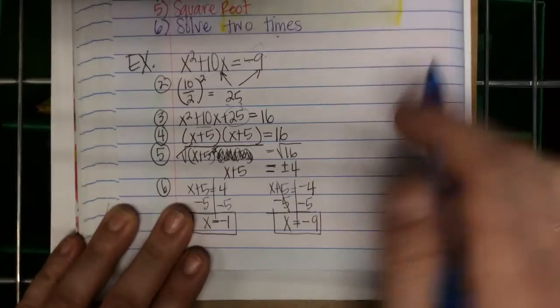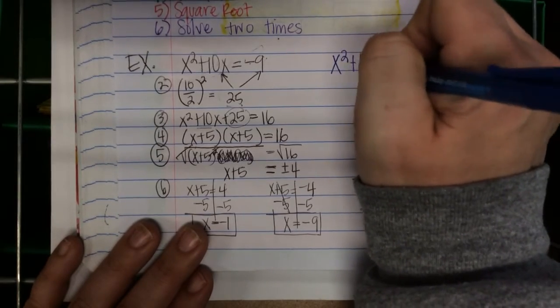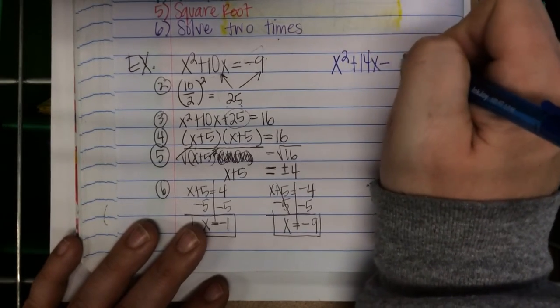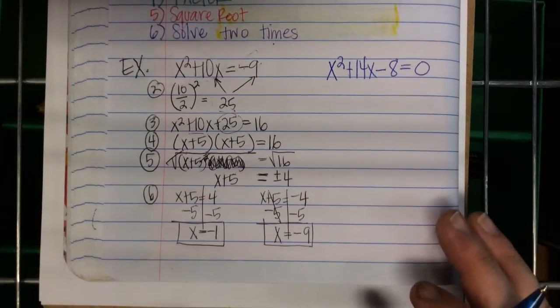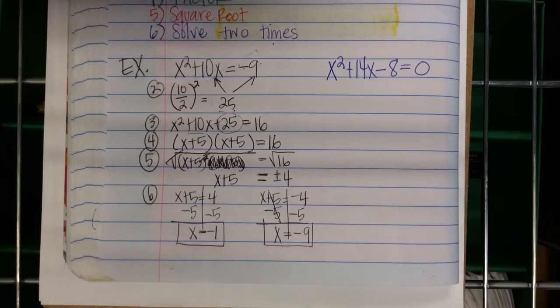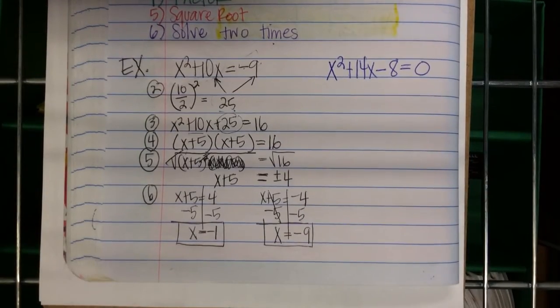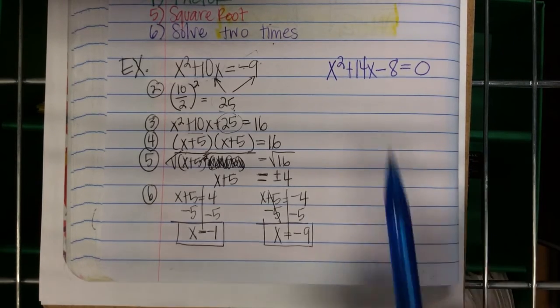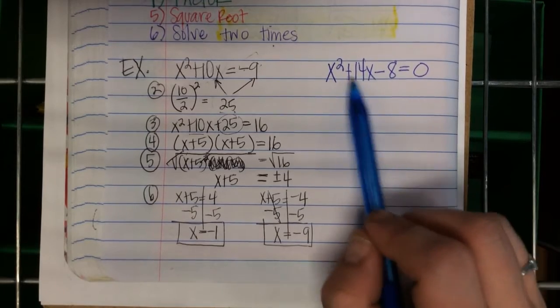Oh wait, let's try another one. x squared plus 14x minus 8 equals 0. So this problem, I don't want to graph it because I don't want to have to deal with negative 8 and 14.